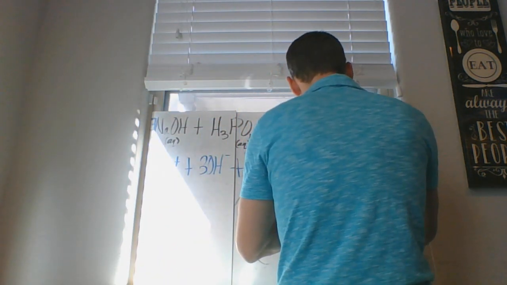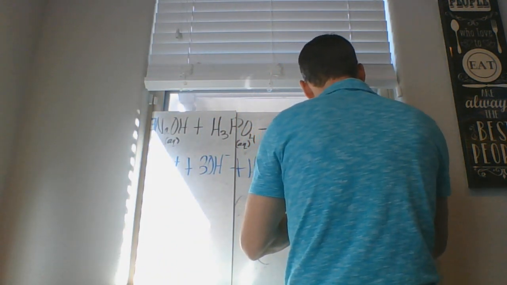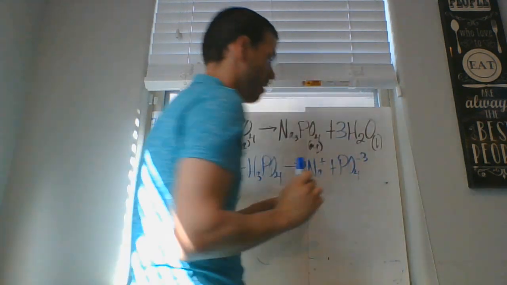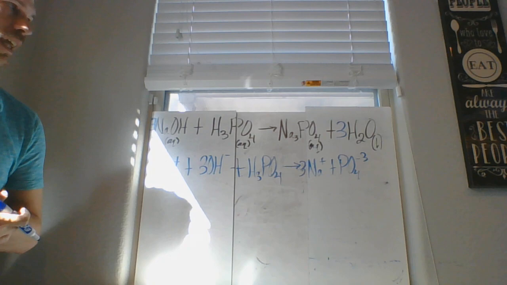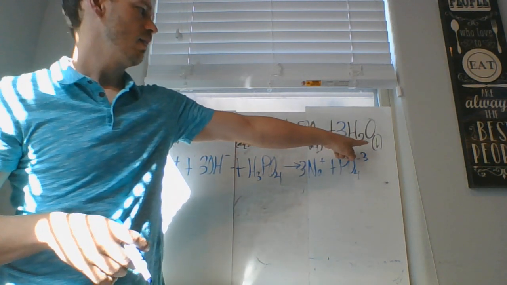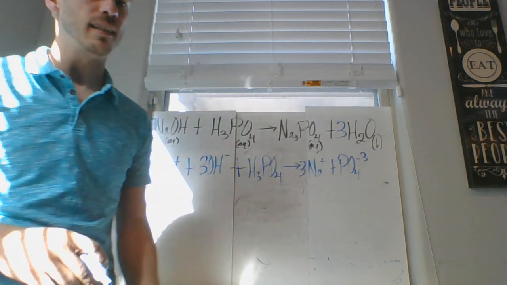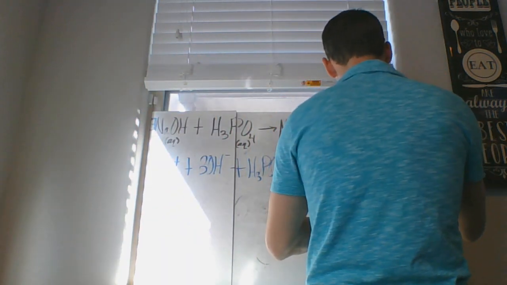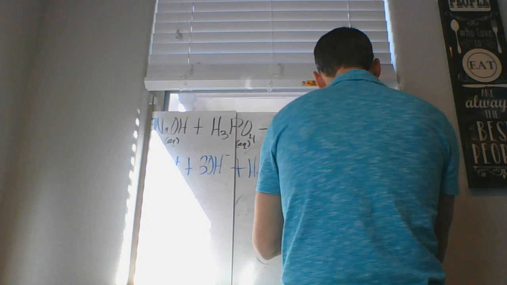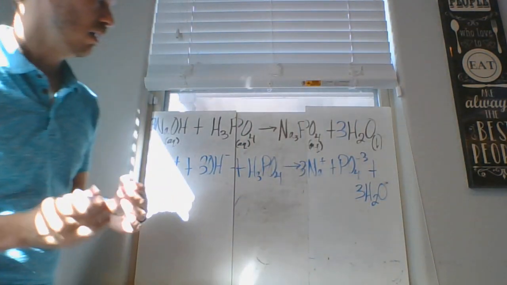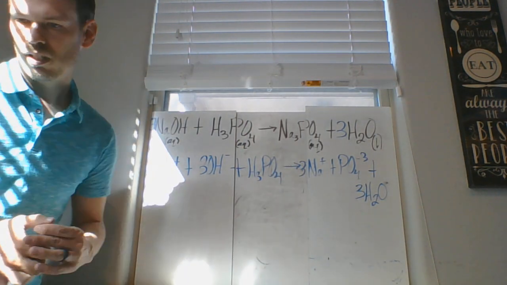And then we have just the one phosphate ion there. And then, hey, look, the liquid state. We don't dissociate the liquid state while we're doing this. So this is going to be added to 3 waters. Actually did pretty good as far as the lines go.